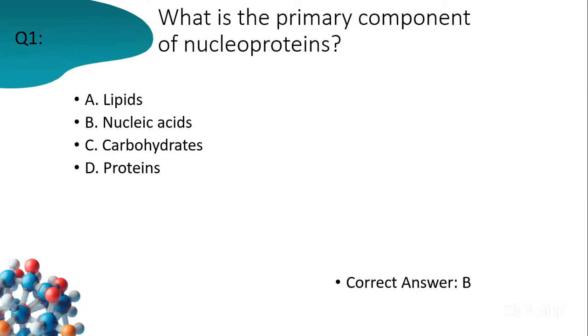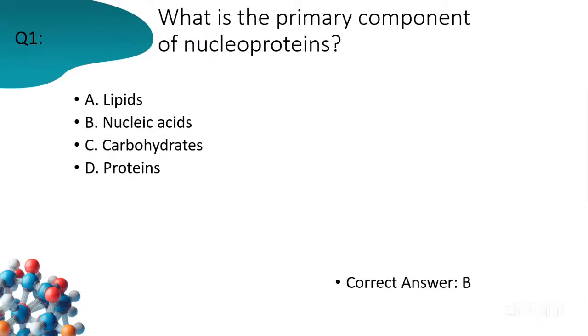So at least the answer here is either A, B, or D. D is nucleic acid. At least the name was derived from nuclei and proteins. When we say nucleoproteins, we are trying to establish that the nucleic acid takes the greater portion of the complex.